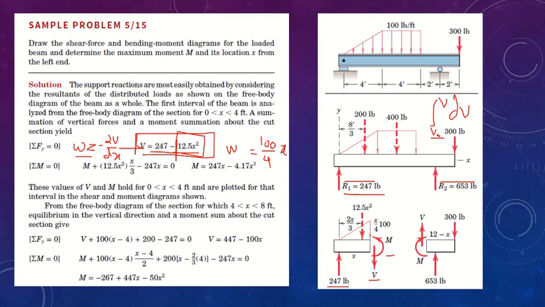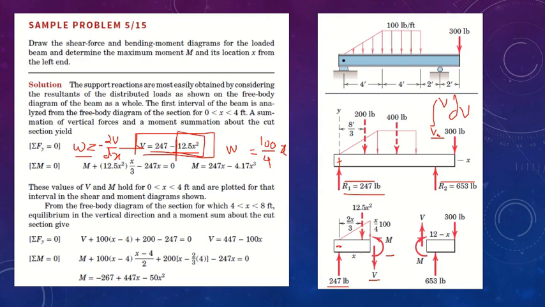The 247 is passing through the point, so no moment, but this 12.5 x squared force is acting downwards, and it is going to rotate on the other side. This is 12.5 x squared from the triangle, the force acting at a distance of 2x by 3. You don't need to find 2x by 3 separately, but we can see how you get this equation.